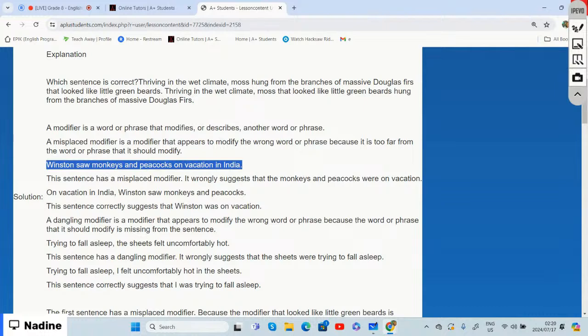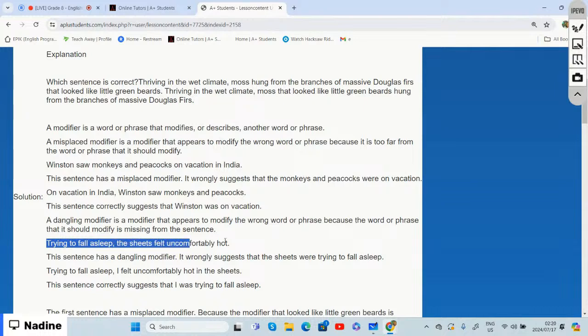And if we were to look at an example of a dangling modifier, then we can say, trying to fall asleep, the sheets felt uncomfortably hot.